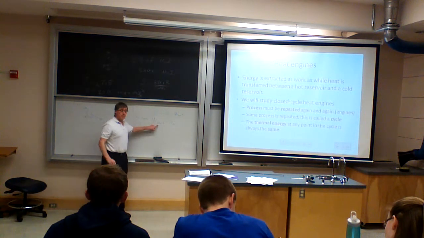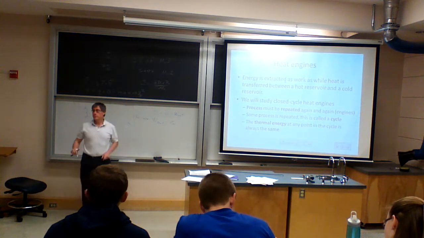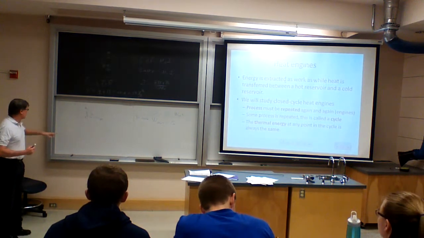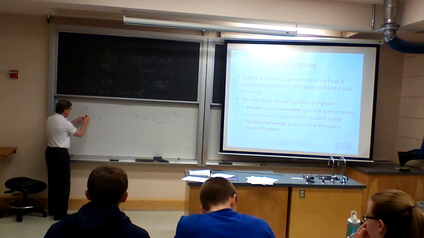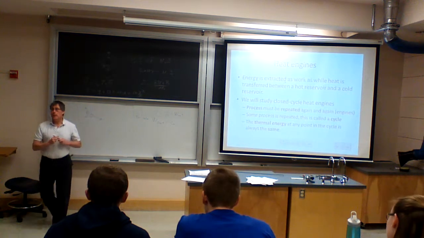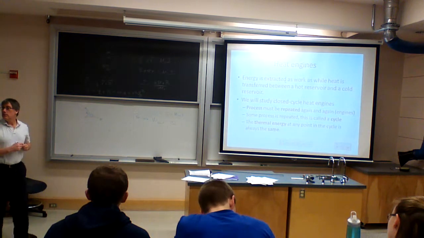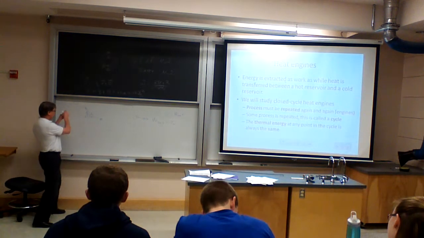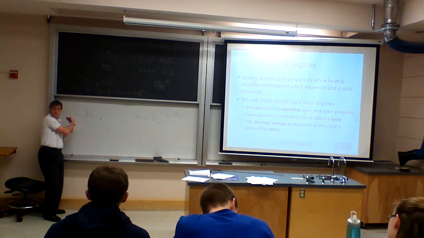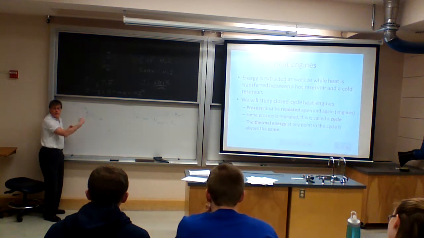This is what we get. This is what we're paying for. And what is the work graphically? It's the area inside the cycle, because we're going to take the work across the top, going from left to right, minus the work across the bottom, going from right to left.